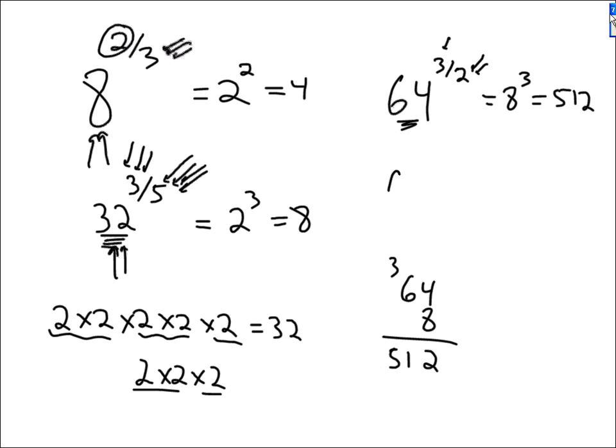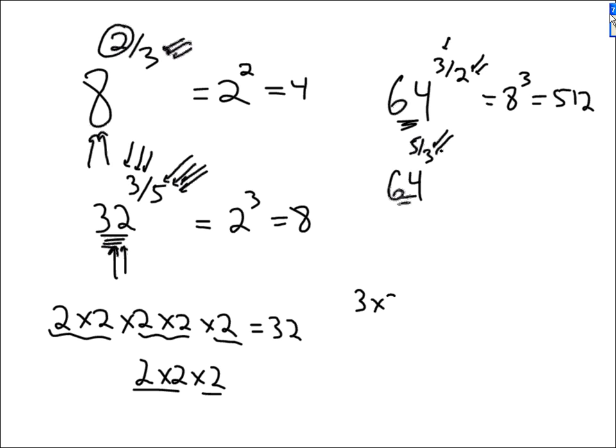So what if I have 64 to the 5/3 power? I think that answer is 1024, but I could be wrong. What times itself 3 times gives you 64?